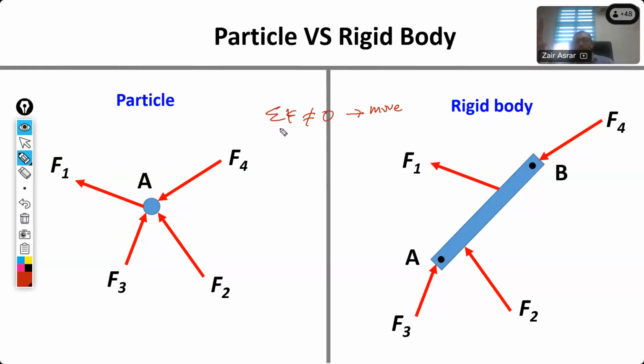If summation of force is not equal to 0, this can be along X or along Y, or in 3D form along Z as well. In general, if summation of force is not equal to 0, the object can move in a linear motion. Linear motion means it moves in a straight line, so the orientation of the object stays the same as it moves.